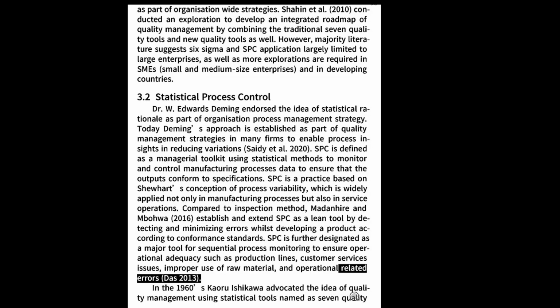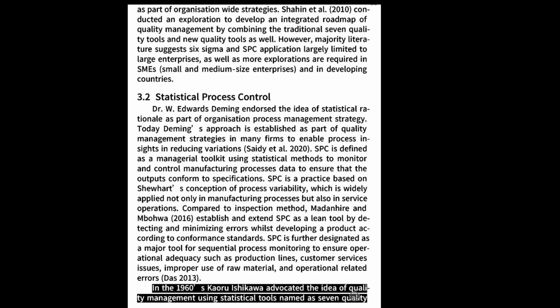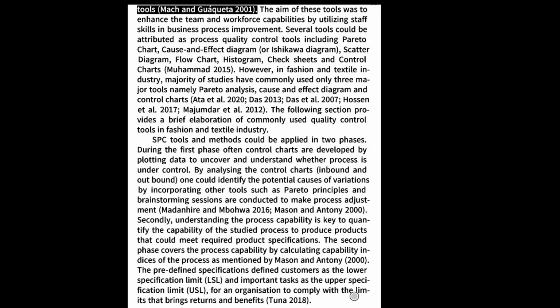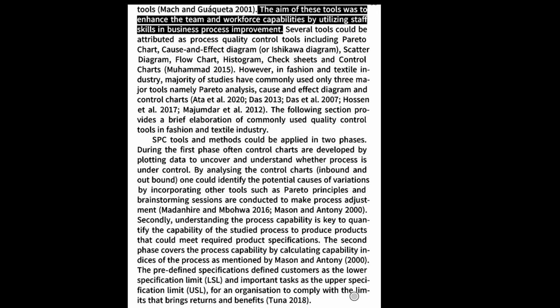DOS 2013. In the 1960s, Kaoru Ishikawa advocated the idea of quality management using statistical tools named as the 7 quality tools. Nat and Guageta 2001. The aim of these tools was to enhance the team and workforce capabilities by utilizing staff skills in business process improvement.